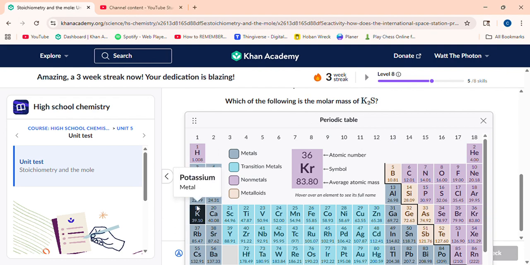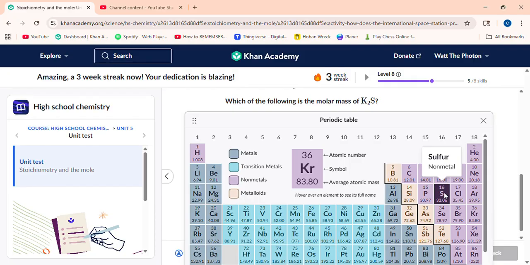K, so that's potassium, it's going to be here. Our molar mass is 39.1 grams per mole for potassium. And then sulfur is going to be 32.06 grams per mole for sulfur.